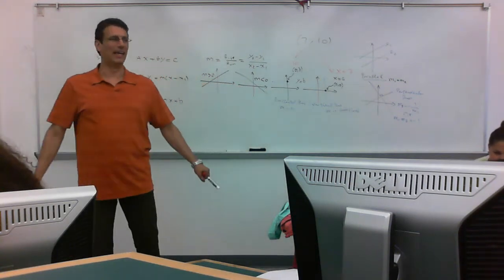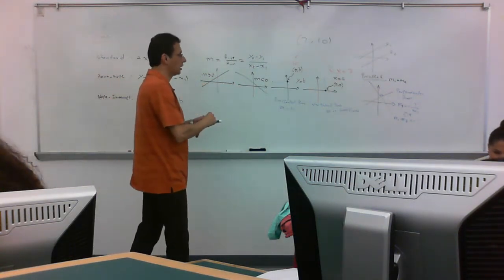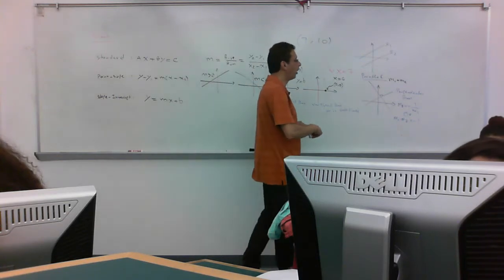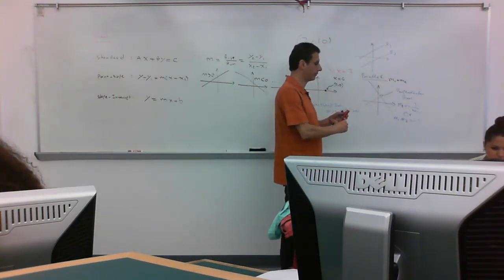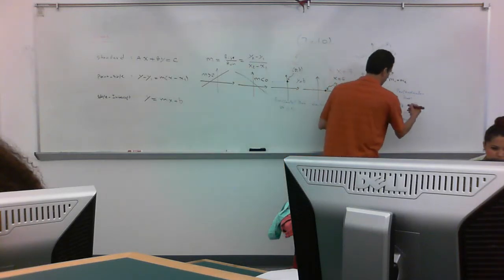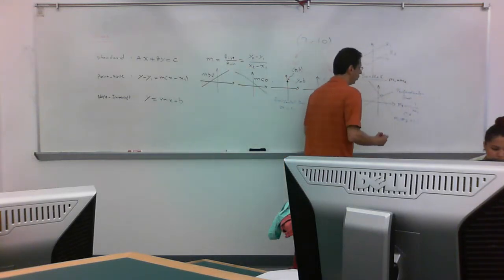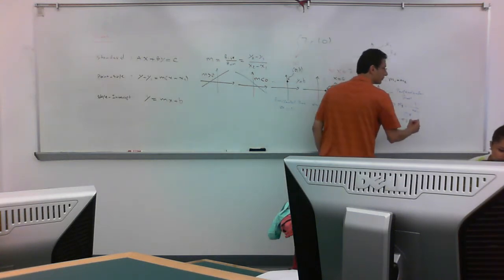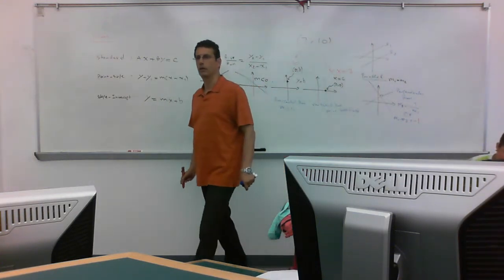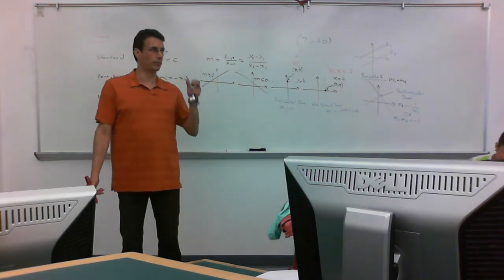In other words, m sub 2 is negative 1 over m sub 1. Or their product is negative 1. All right? Those are some basics you're supposed to know.